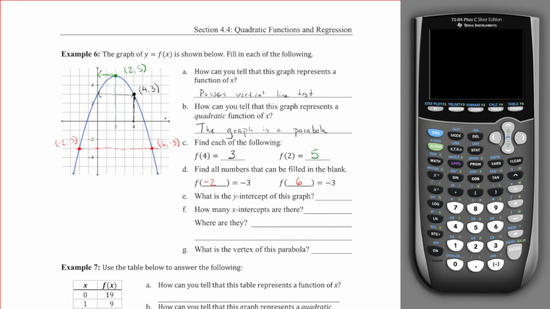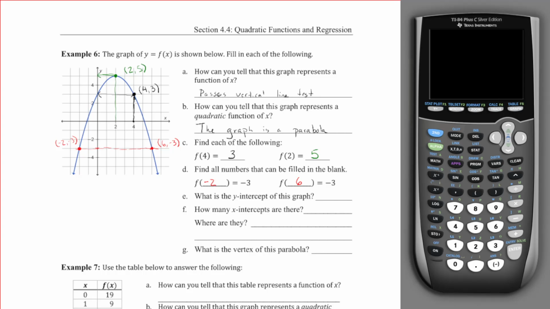Now, that's something that we did not see with linear functions. With linear functions, right, each input only gives one output because it's a function. But with linear functions, it's also true that each output only came from one input. That's different with quadratic functions.